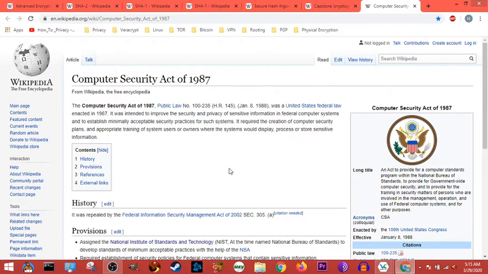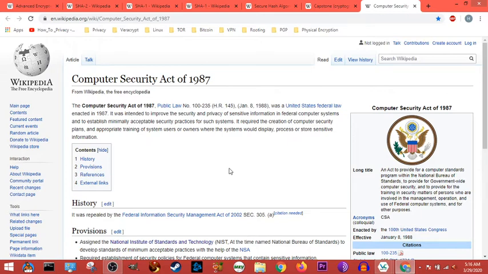But they also recognized that the computers and the computer security they were using at the federal level was not good enough, and they needed a standardized law and a standardized rule.